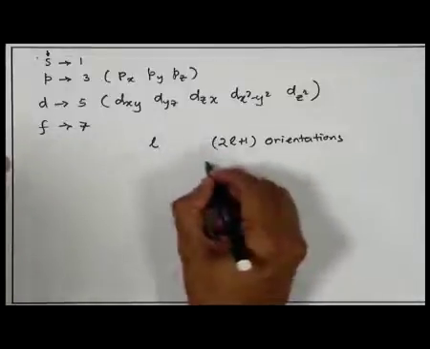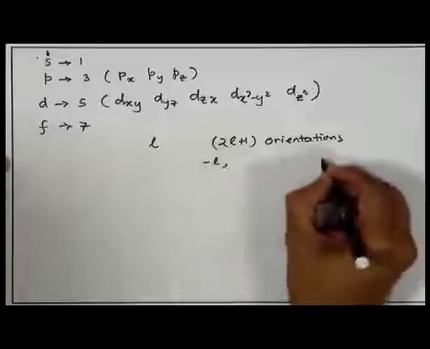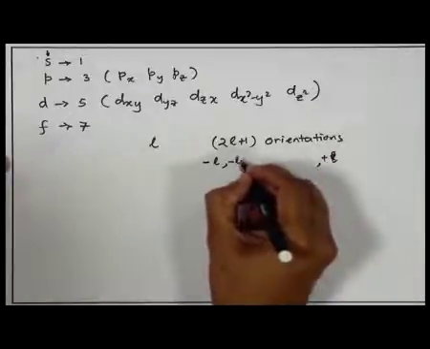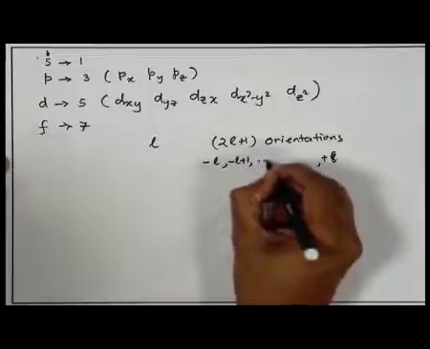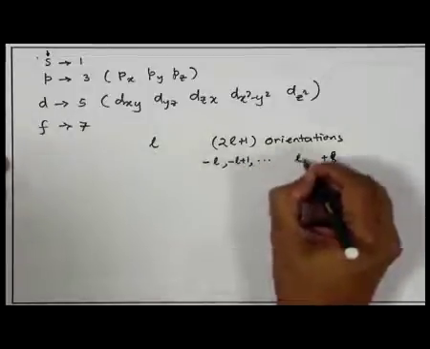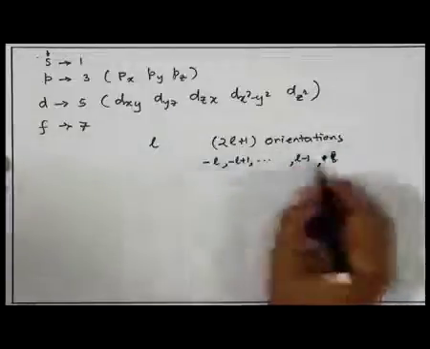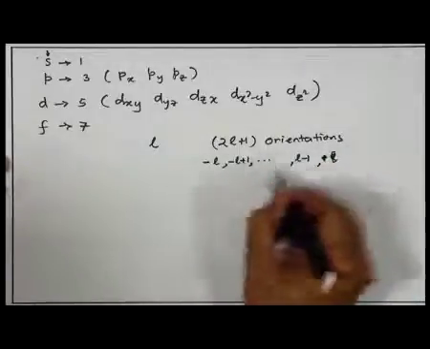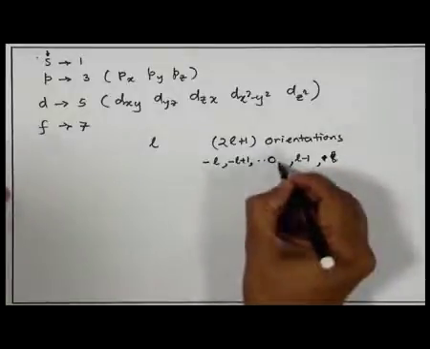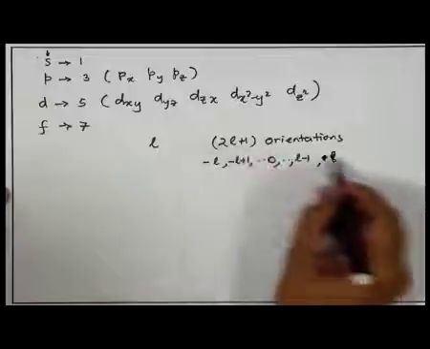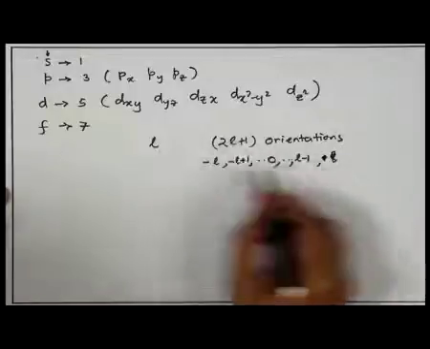They go from minus L to plus L in steps of 1. So, minus L, then minus L plus 1, and so on up to L minus 1 and L, with 0 coming in between. This way there are 2L plus 1 different orientations starting from minus L to plus L.